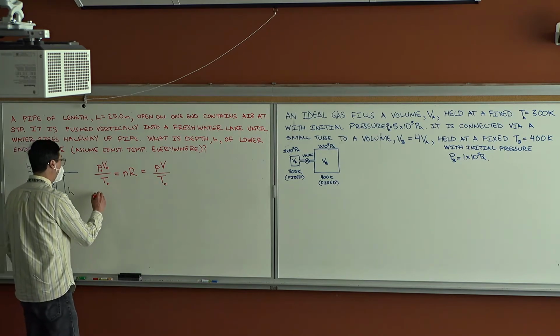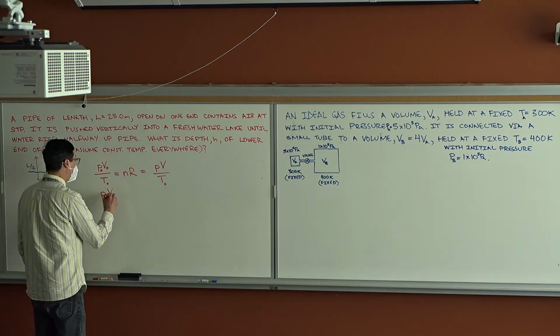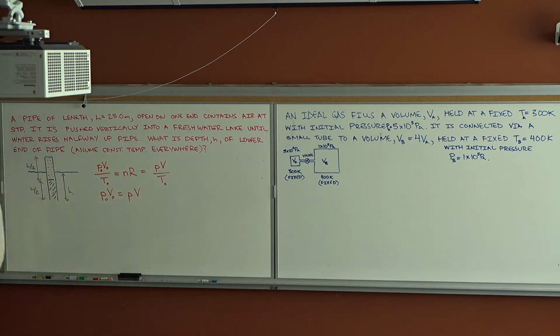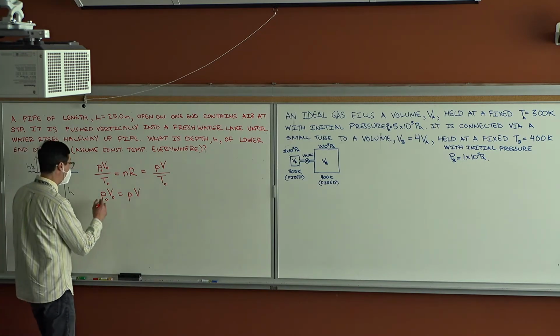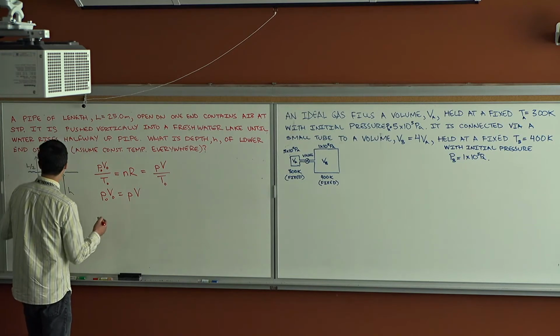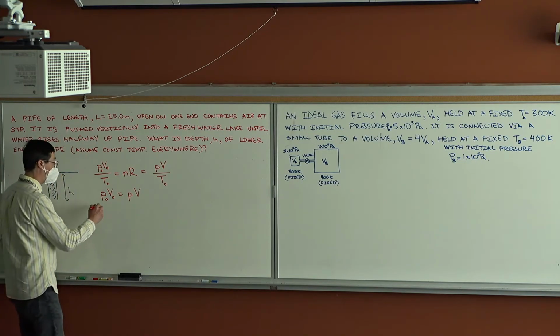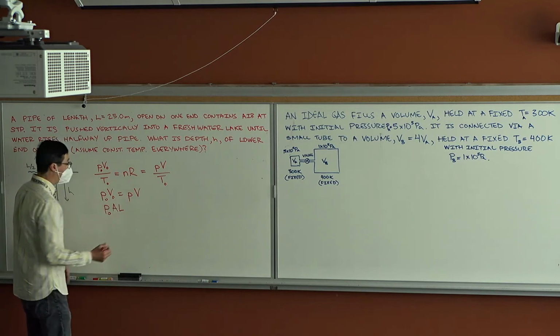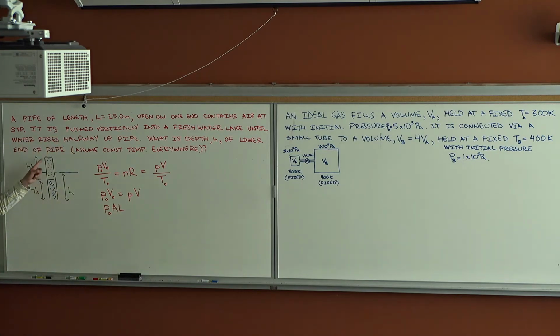Or that P naught V naught equals PV. We have that V naught is just A times L. Do we see why the original volume is A times L?